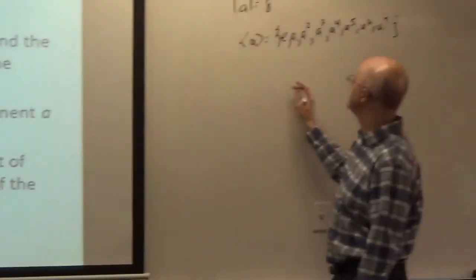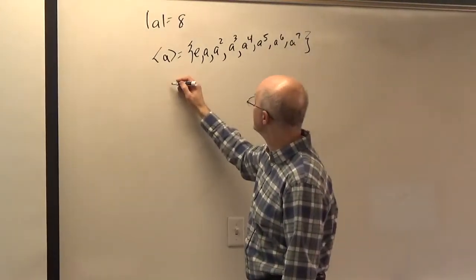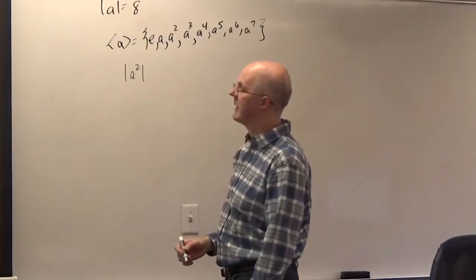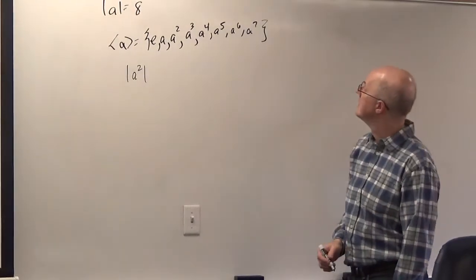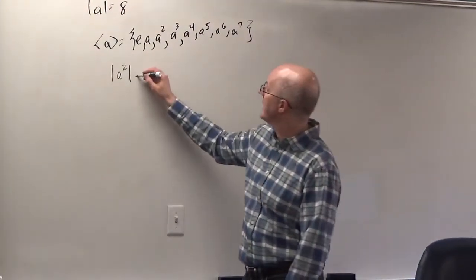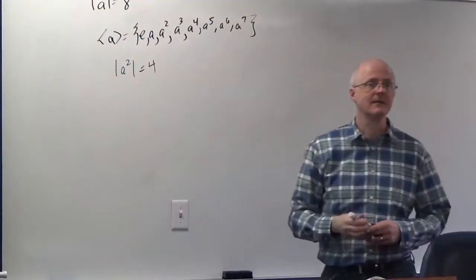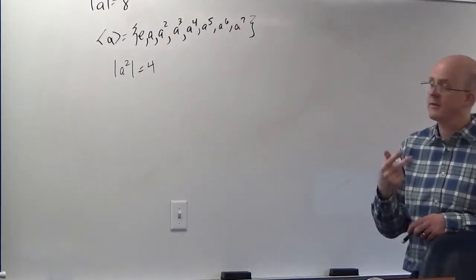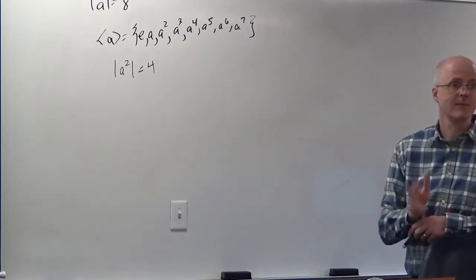Without listing out the cyclic subgroups generated by different elements, let's think in our minds here. The order of A squared is going to be 4, right? The cyclic subgroup it generates is going to be E, A squared, A to the 4th, and A to the 6th. 4 elements.